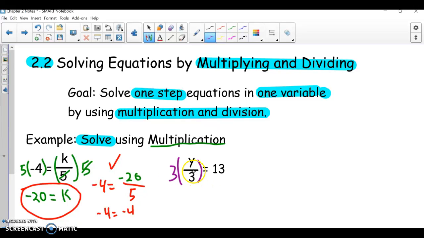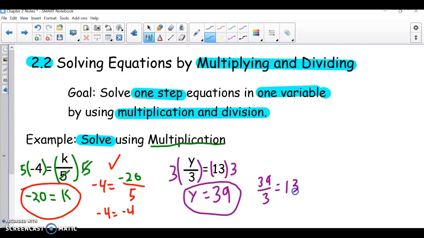And I know if I multiply one side of an equation by 3, I have to multiply the other side by 3 also. 3 times y divided by 3 leaves you with just y. 13 times 3 is 39. So y is equal to 39. If you wanted to check it, you would take your 39, divide that by 3, and double check that it equals 13. 39 divided by 3 does equal 13, so you know you're correct.